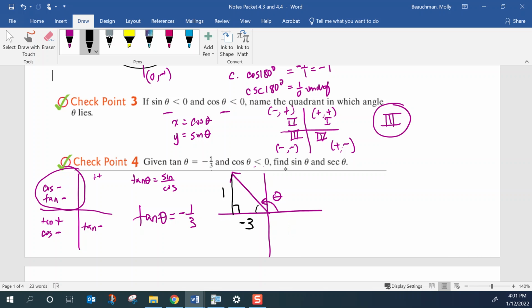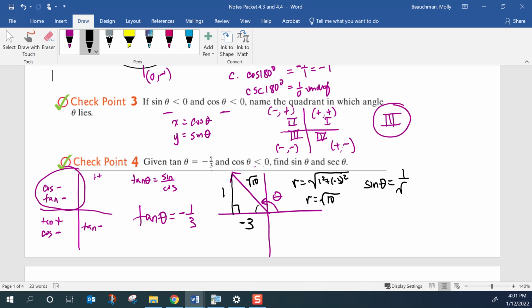So I put it in the Pythagorean theorem, I'll call that r, is equal to the square root of 1 squared plus negative 3 squared. We did this very similarly up above. So that ends up being the square root of 10. Now that I have my triangle, I can find the sine of the angle, which would be opposite over hypotenuse.